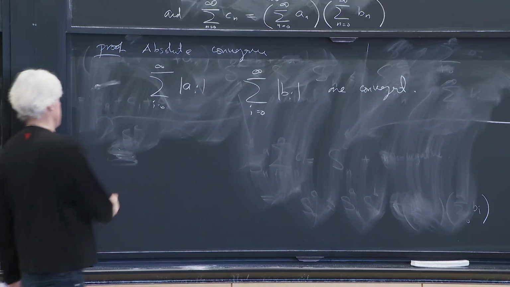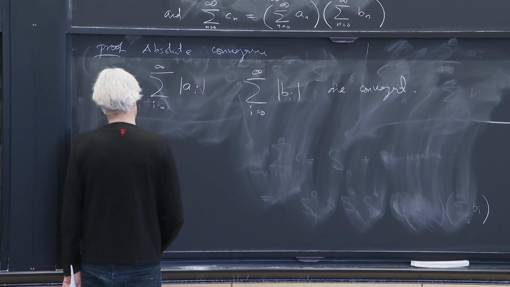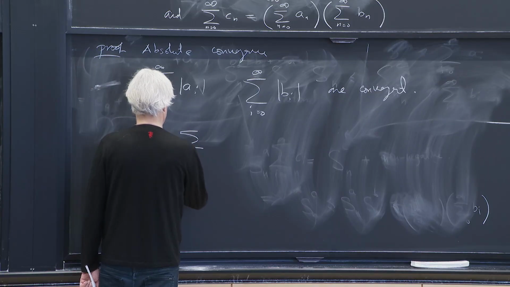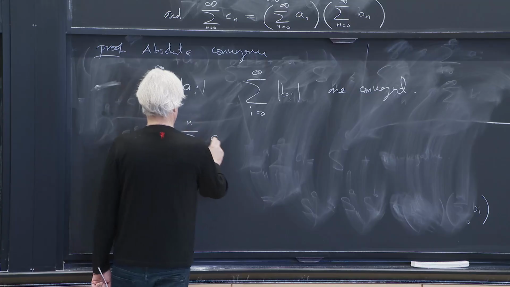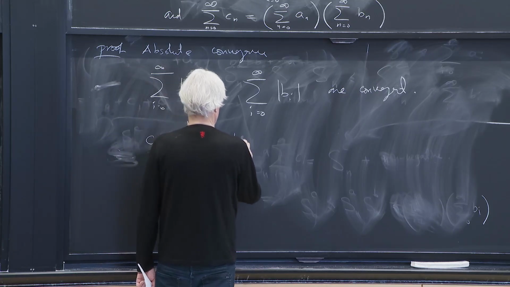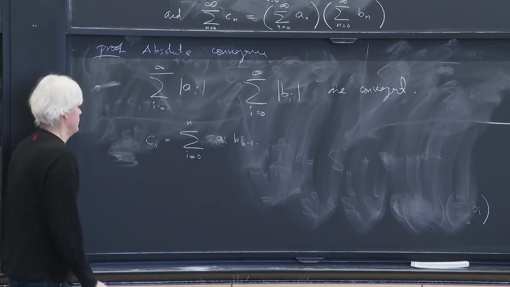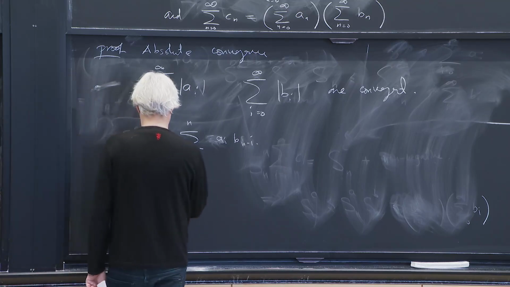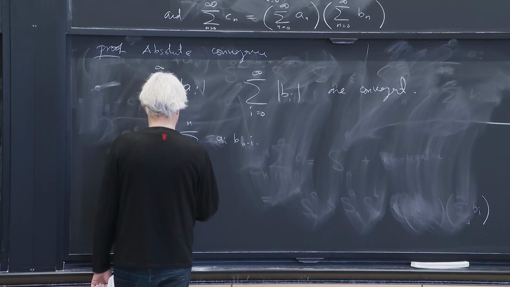But now if you're looking at the Ci series, this is the sum from i equal to 0 to n of ai b n minus i. But this means that the absolute value of Ci is less than the absolute value of this thing.